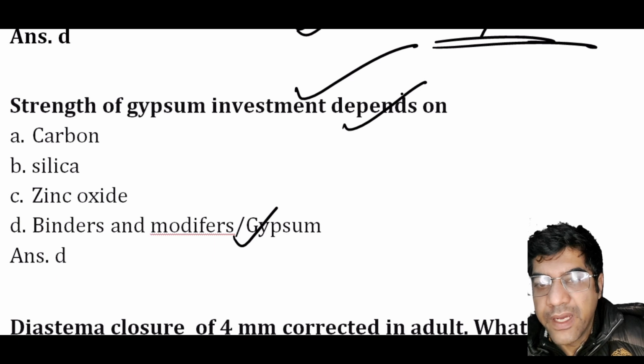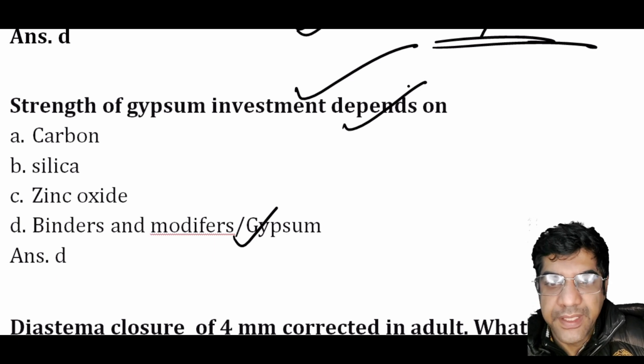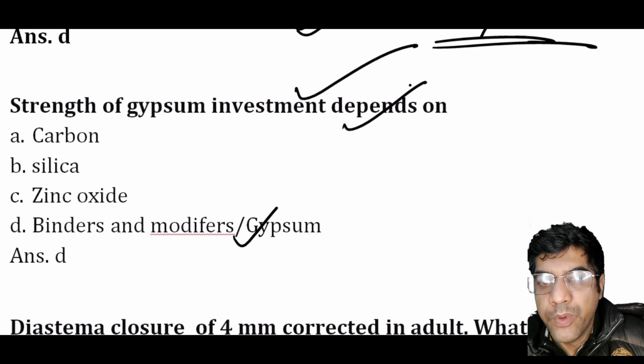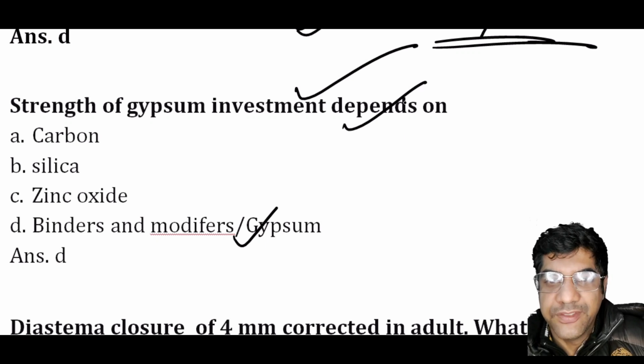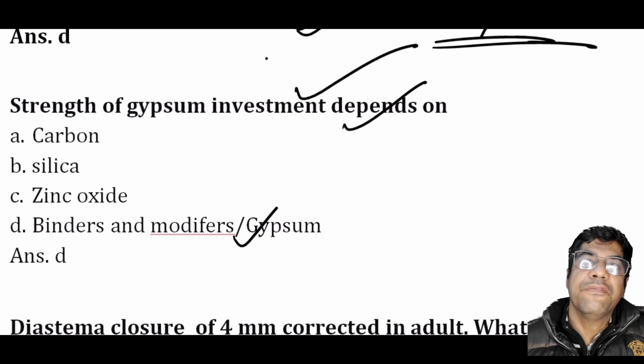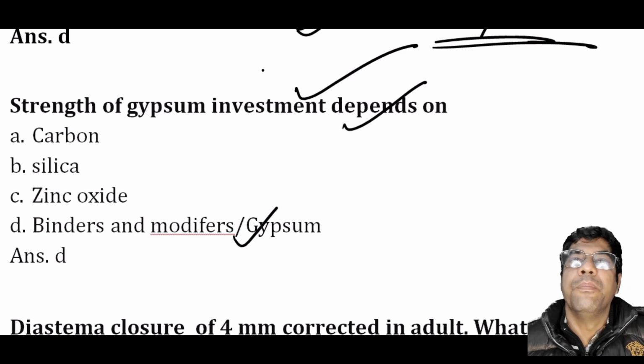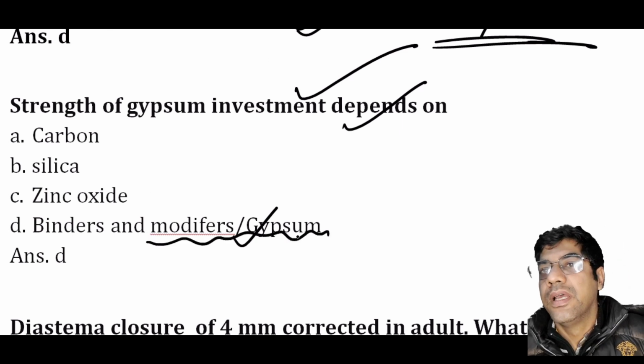Whereas chemical modifiers are the substances added to the investment to improve certain properties. In this context, they are used to increase the strength of the investment. The presence of chemical modifiers allows for more efficient utilization of the binder. So the strength of the gypsum investment would depend upon the binders and the modifiers. That would be your answer.